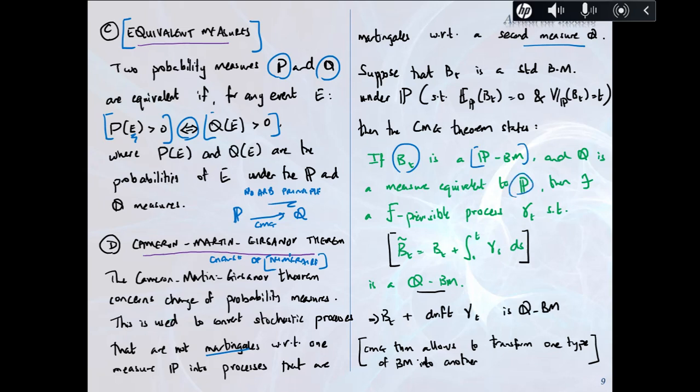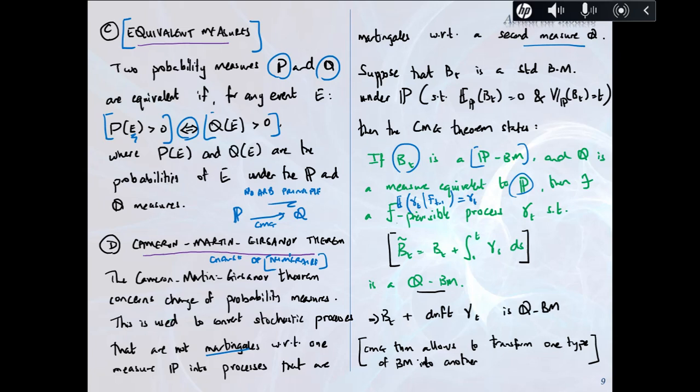an F-previsible process. You will recall what previsible means: if I'm standing at F(t-1), at t-1, I know all the information here. The expectation of gamma t given F(t-1) will be equal to gamma t itself, because gamma t will be deterministic.